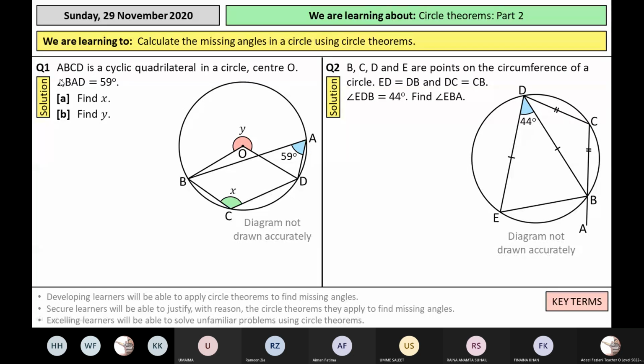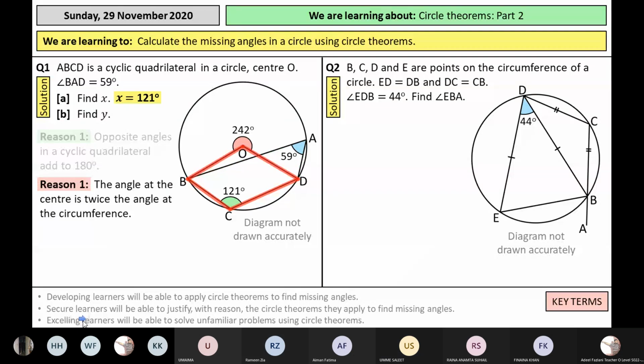All right, what is the answer now? x is 121, y is 242. Your x is what? 121. And y is? 242. Excellent. Give yourself a star. What about question number 2? Sir, I am getting 78. Okay. Anyone else?